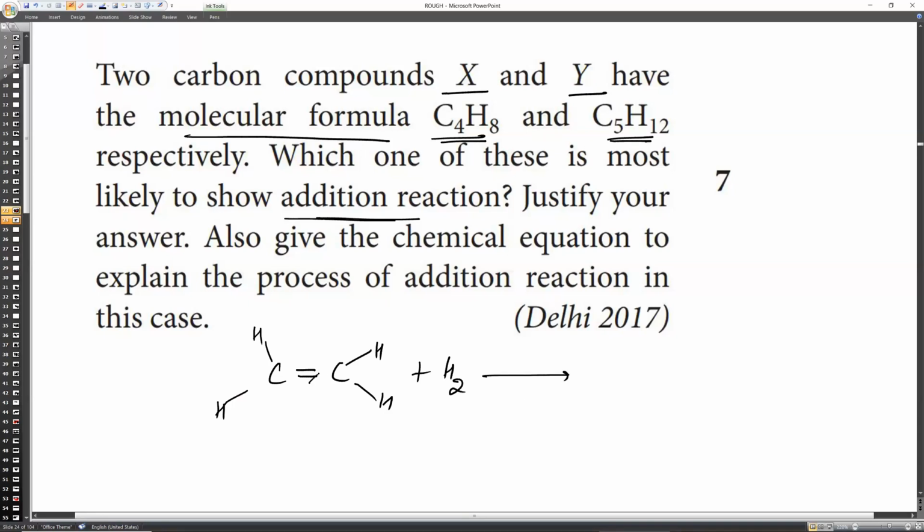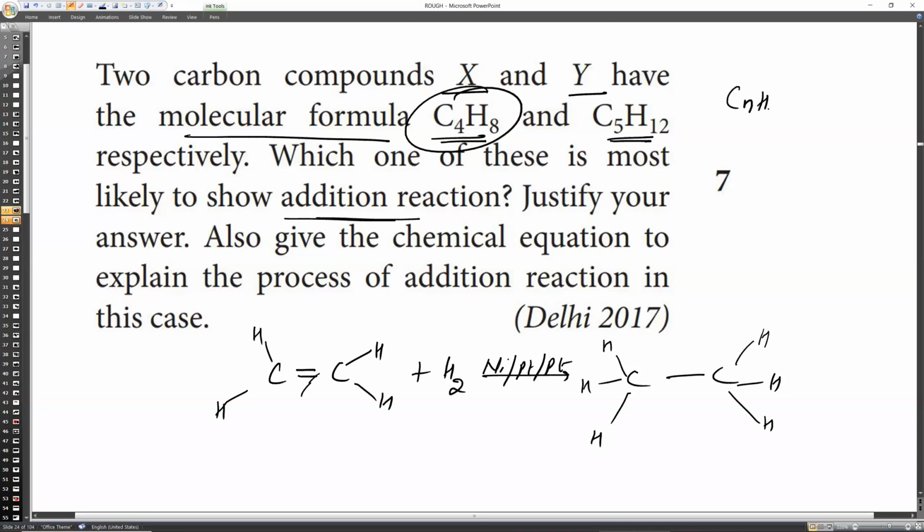This bond will break and it will give you the product like this. So this will show the addition reaction. This is an addition reaction because an unsaturated hydrocarbon should be there. You know that this is an unsaturated hydrocarbon because it is CnH2n.